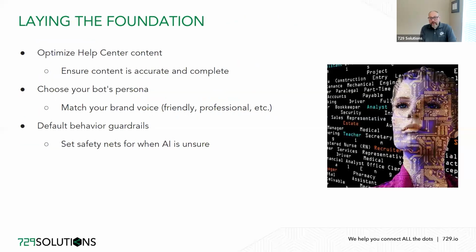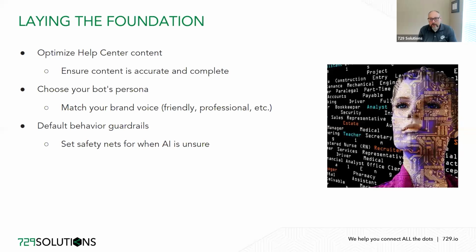So the first thing we need to do, though, is lay that foundation for the AI agents to have something to talk about. And that starts with organizing and optimizing your help center content. So if you're using Zendesk, you have a guide that's known by many names. Some people call it guide, knowledge base, help center, FAQ section. But if you're using that tool inside of Zendesk, we're going to want to ensure the content is accurate and complete.